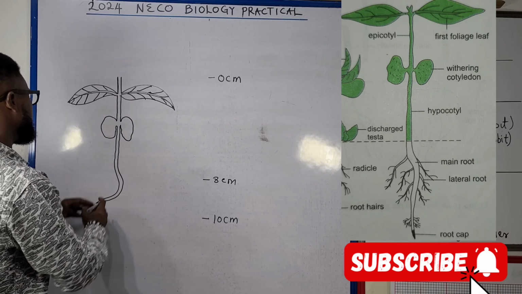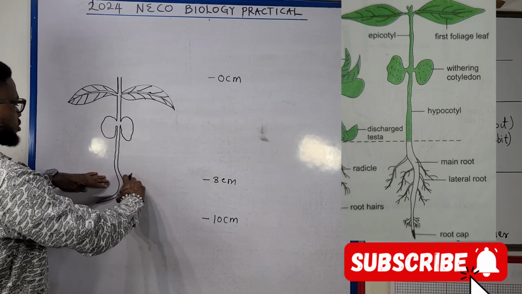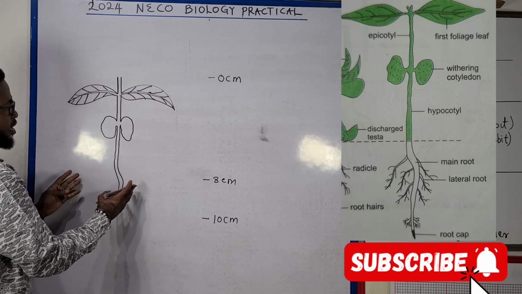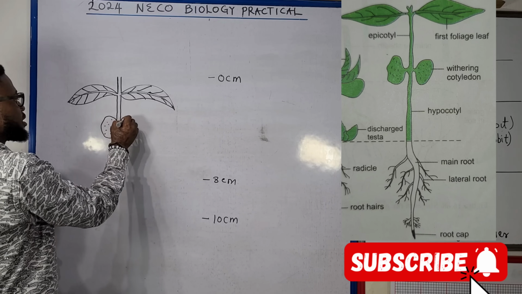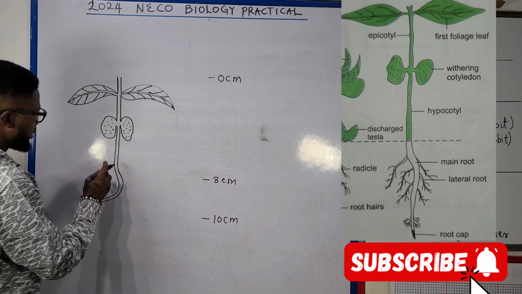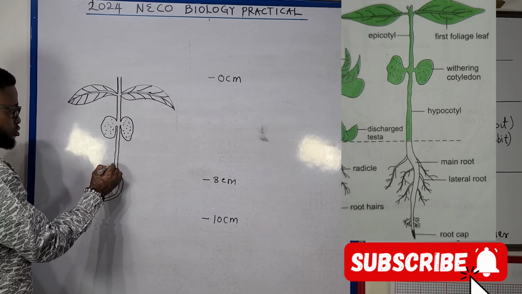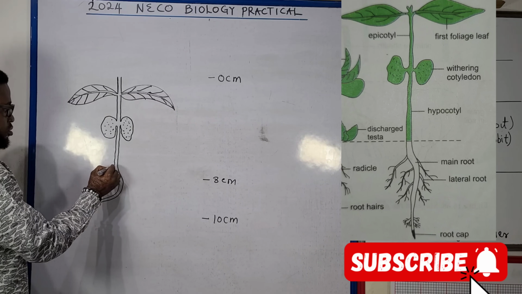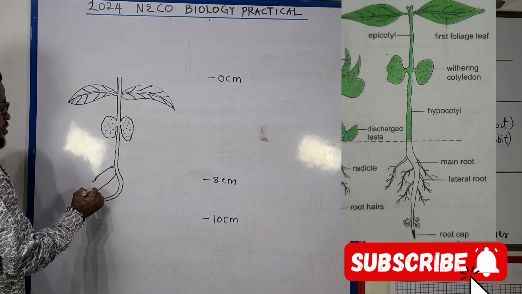Now that I've done this, I can begin to talk about the various branches of the taproot system. This is going to represent our cotyledons here. This can then begin to give off branches.